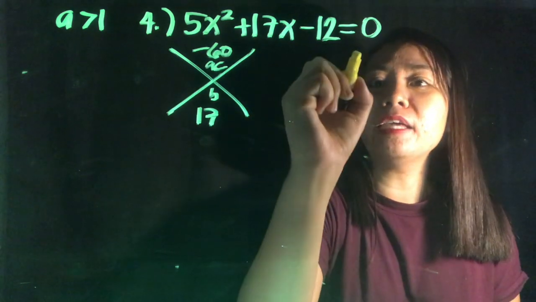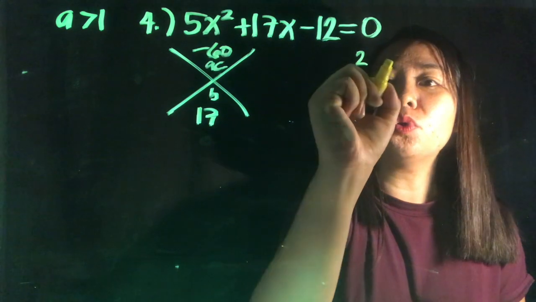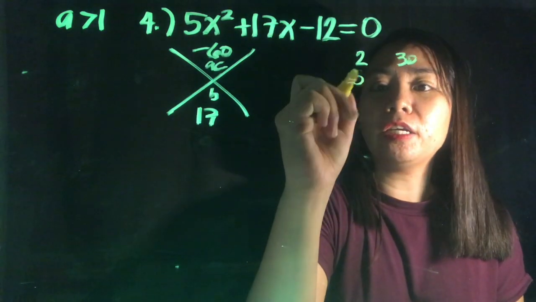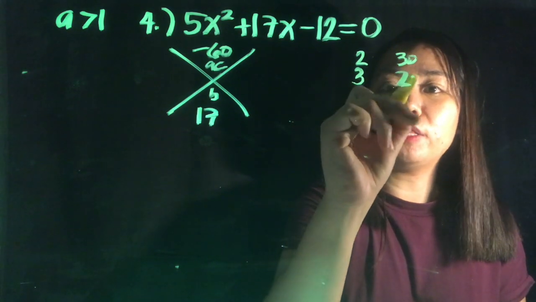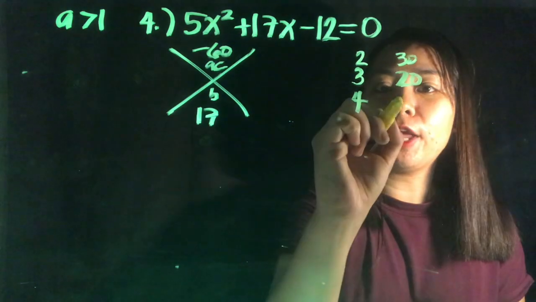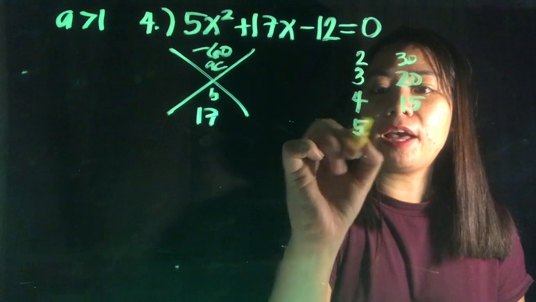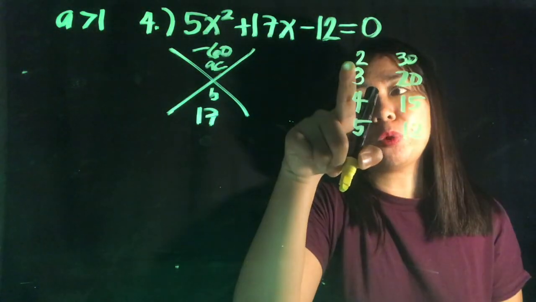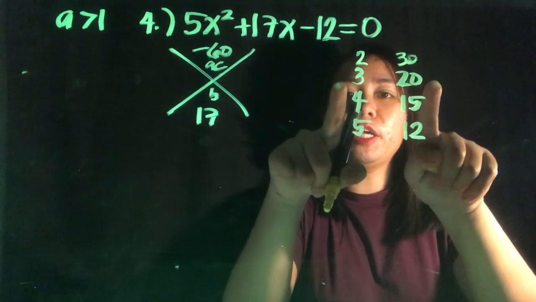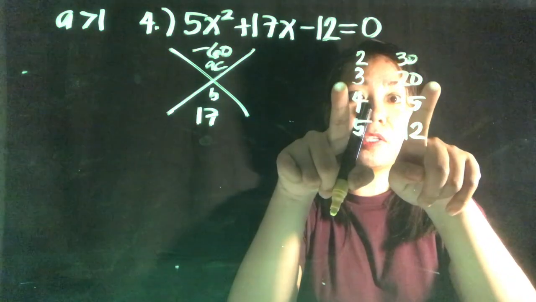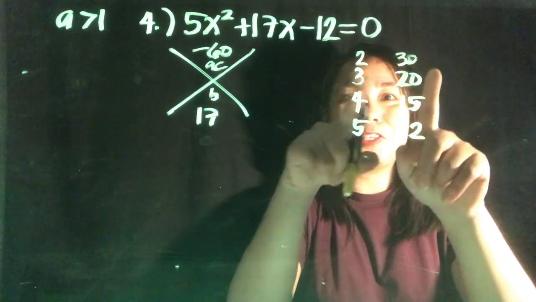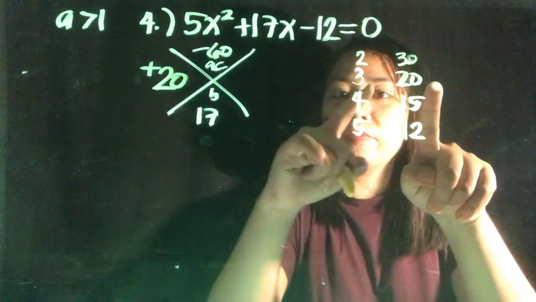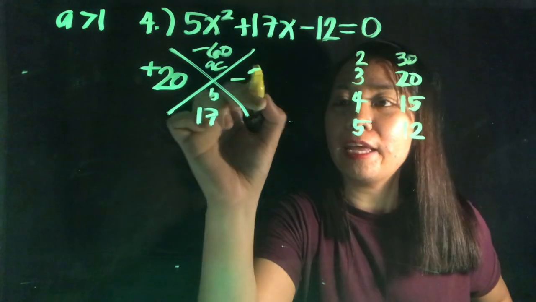So, let's try 2 and 30, 3 and 20, 4 and 15, 5 and 12. So, let's start. 2 and 30, 32, 28, mali. 3 and 20, pag inadd, 23. Pag sinubtract, 17. So, it means I will use there positive 20, and then your 3 there would be negative.